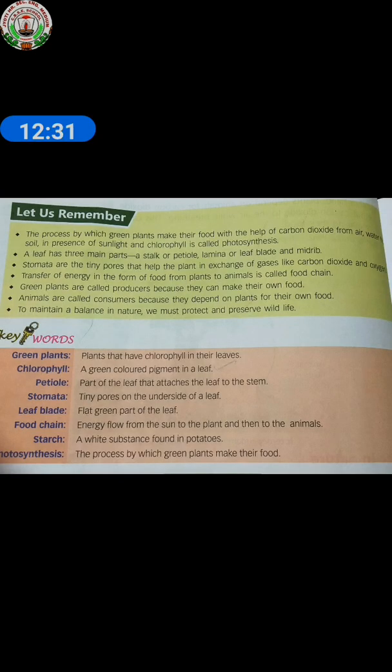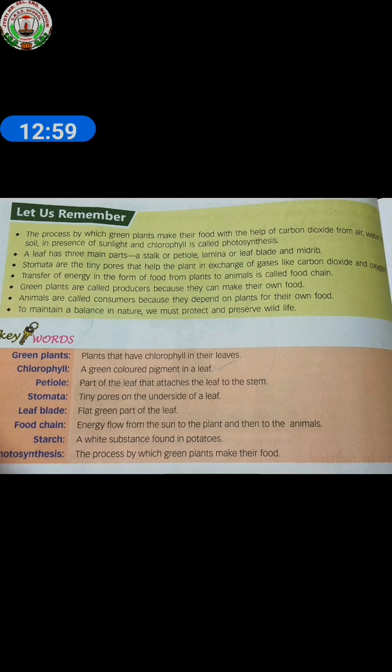See children, important points. The process by which green plants make their food with the help of carbon dioxide from air, water from soil, in the presence of sunlight and chlorophyll is called photosynthesis.